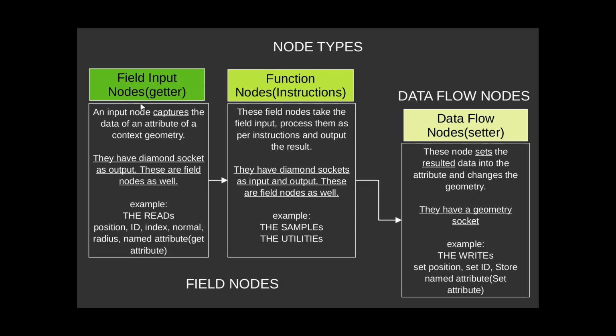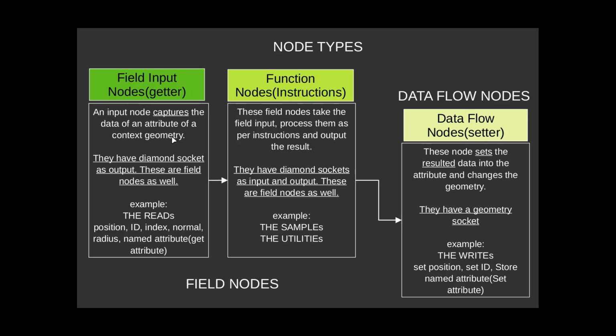If you have come from the object-oriented programming paradigm, then you will understand it with getter. Okay, these are actually getters. If you have not, then let's explain it. It is an input node that captures the data of an attribute of a context geometry.